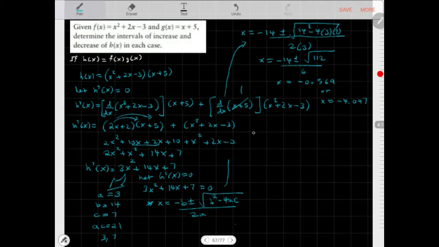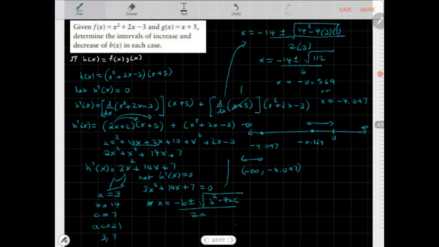So basically using my two critical points, I'm just going to put 0 here, and this is positive infinity, right? And let's say that this point here is negative 0.569, and this point here is negative 4.097, and this is negative infinity. I'm drawing this on an arbitrary scale. So you're basically going to look at 3 intervals, right? This interval here is negative infinity to negative 4.097.